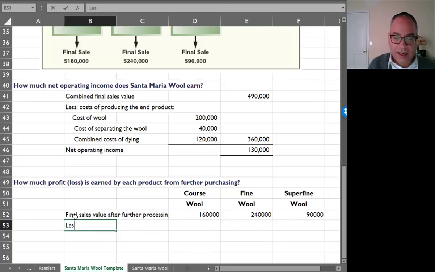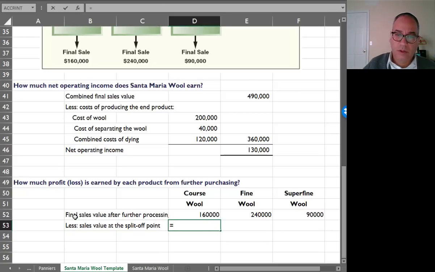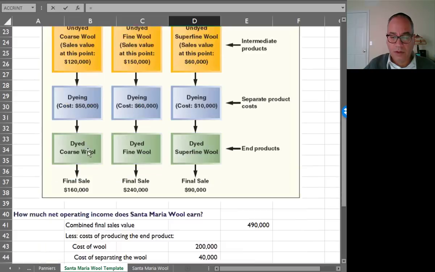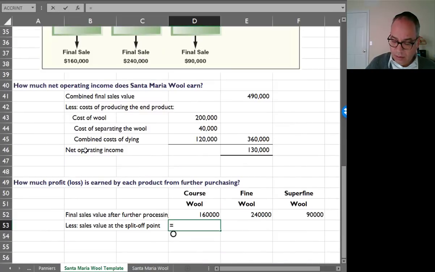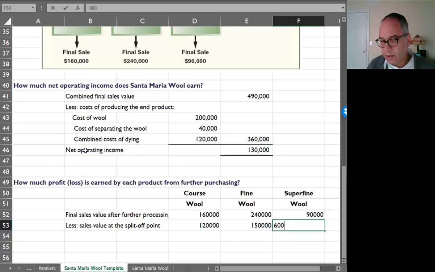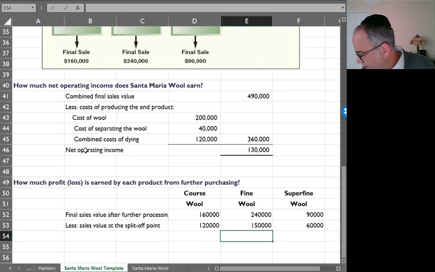But the sales value at the split off point for coarse wool is 120. For fine wool, it's 150,000, and for super fine wool, it's $60,000.